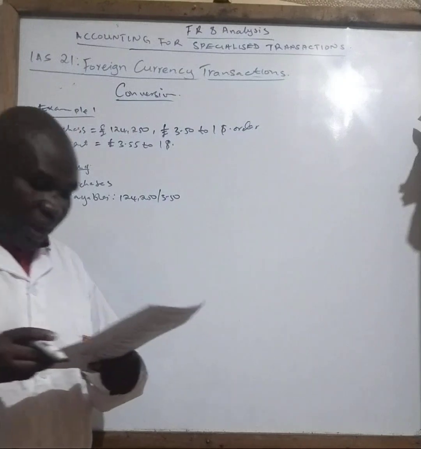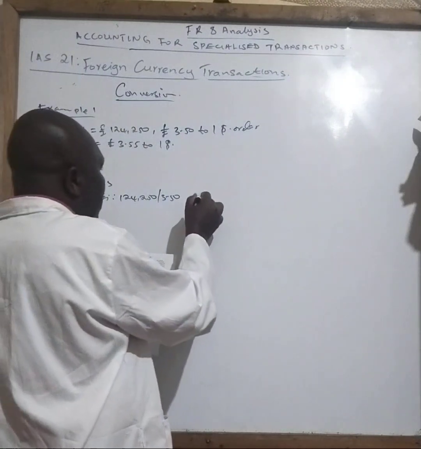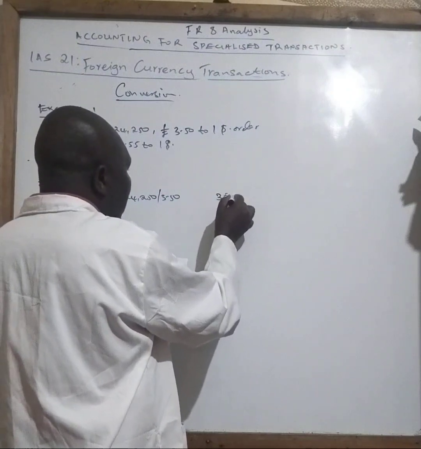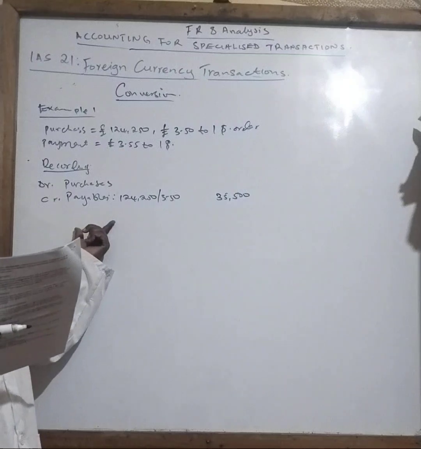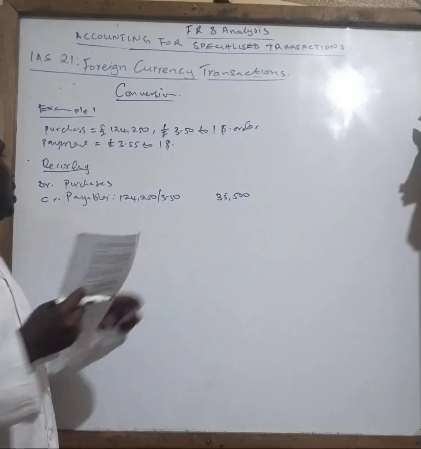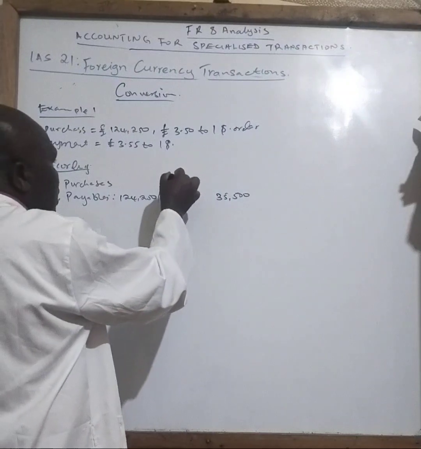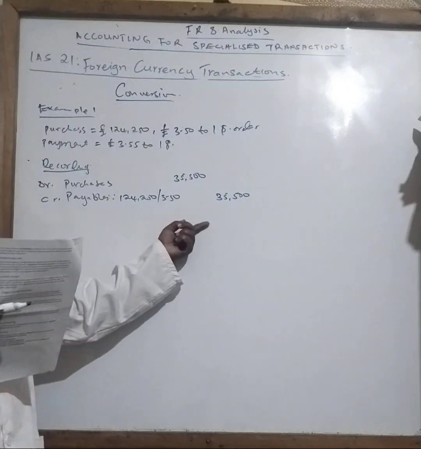If you divide that by 3.5, your answer is 35,500. Which means the payables, the liability at the time of receipt, is 35,500. Then we debit our purchases with 35,500. This is the recording.